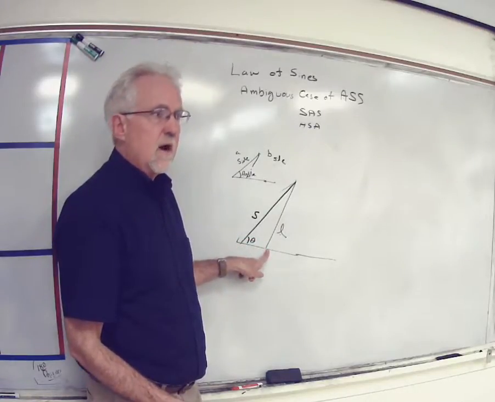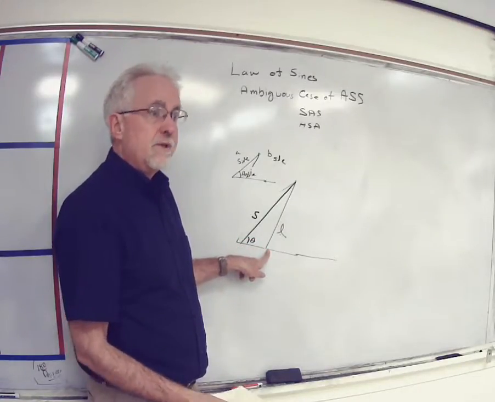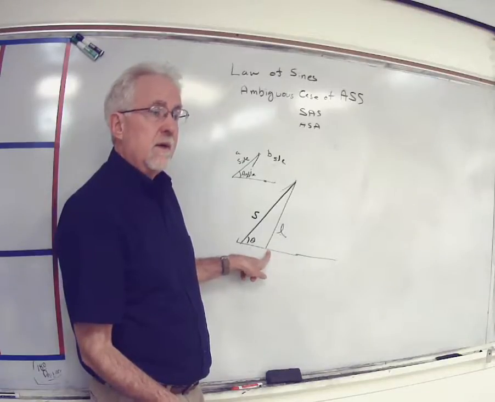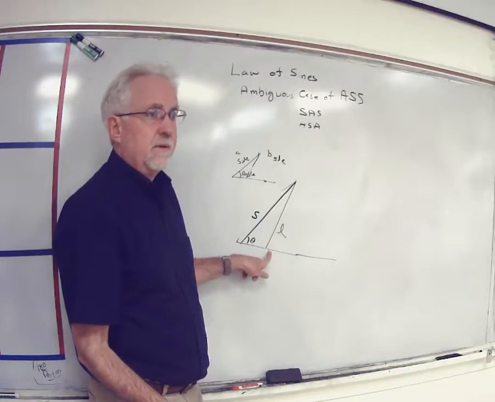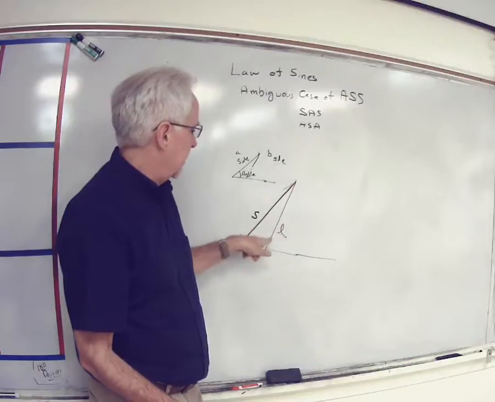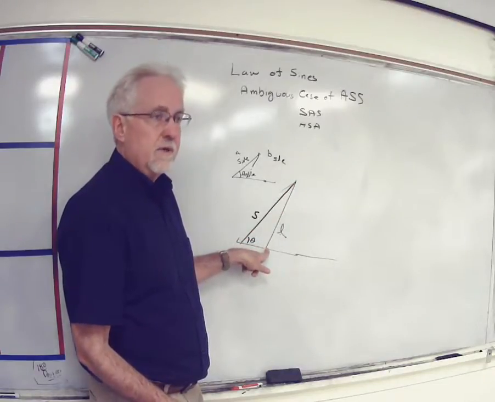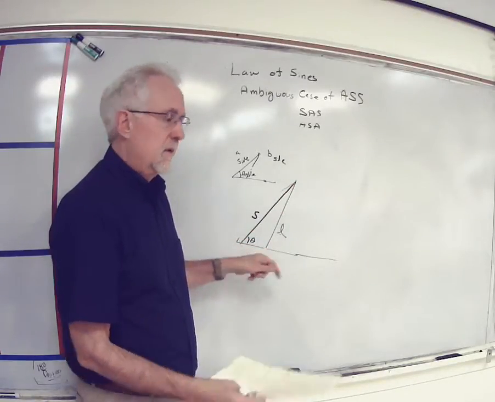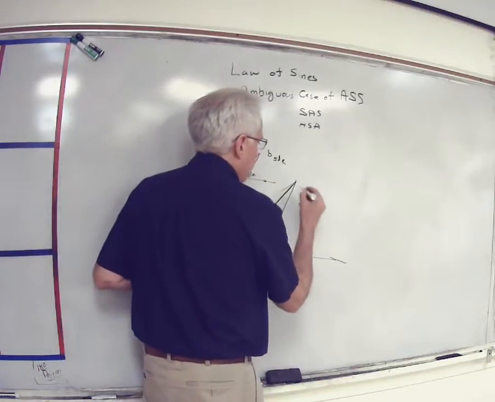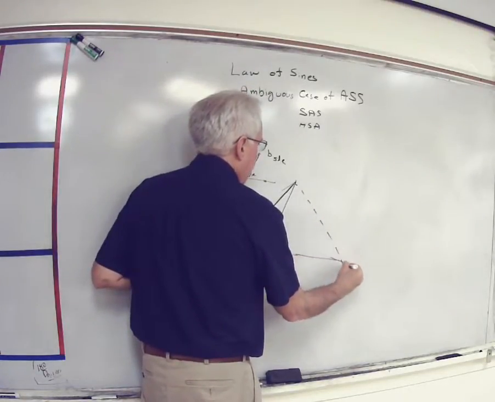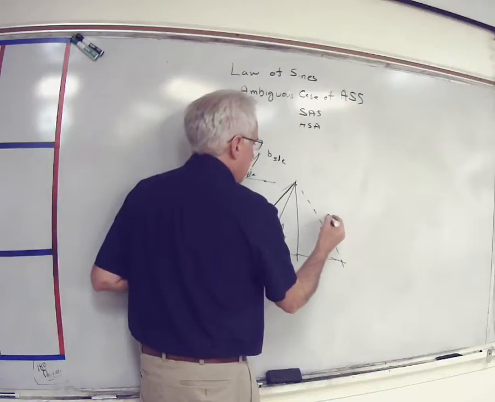Do you see the picture I've drawn? What's the other thing that could also be true? With a leg this long, what else could have happened? It could have been over here, right? This is also L.